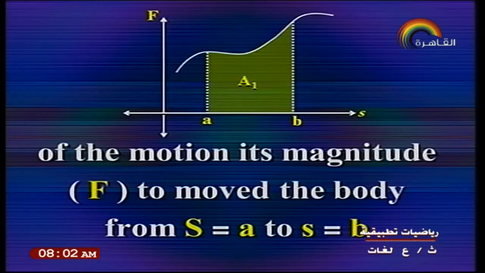The curve of motion is the magnitude of F to move the body from S equals A to S equals B. The body moves from A to B. The curve represents the motion of F and S from A to B.